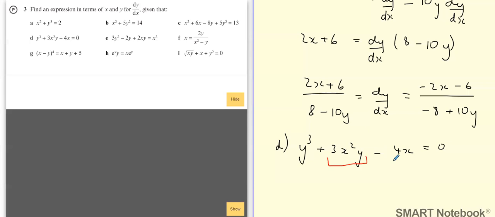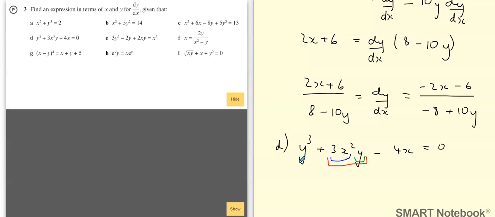Okay, so here there's a product of two separate terms, and that's what you need to be careful for. If you don't recognize them, then you are going to definitely make a mistake. Treat that as u and treat this as v and do it like that. Okay, does that make sense?